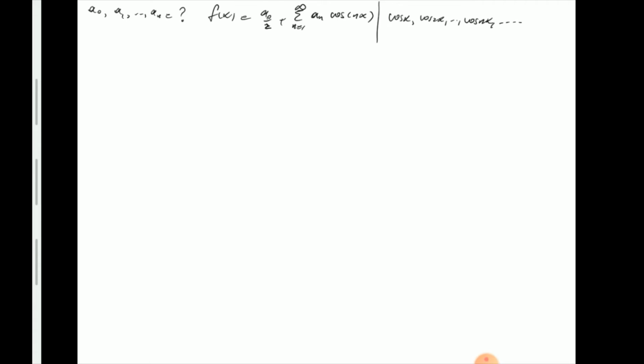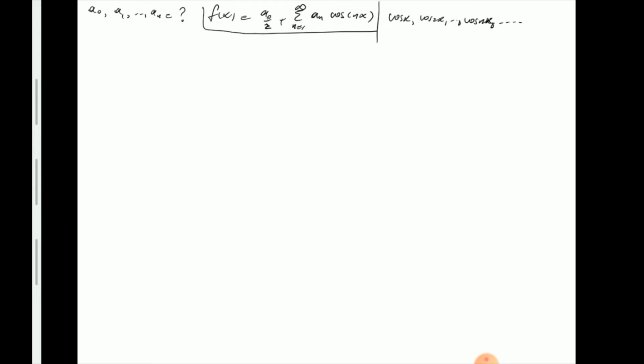I really can't emphasize this enough. This is the crucial property which will allow you to obtain these series representations. And this type of property will follow us in different contexts later. Without it, we can't find these coefficients. So let's go over this property, and then we're going to go back to the series representation and figure out a formula for these coefficients, a naught, a1, and so on.